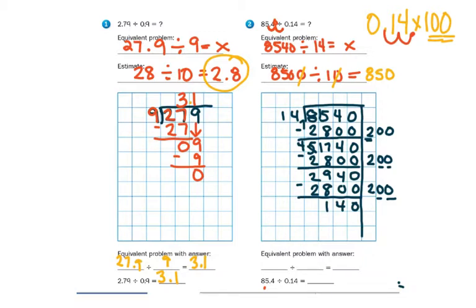Now, how many times does 14 go into 140? 10 times, right? Because 14 times 1 is 14 with 1 zero behind it. Ooh, almost ran out of space there. So I'm going to add together 200 plus 200 plus 200 plus 10, which is 610.